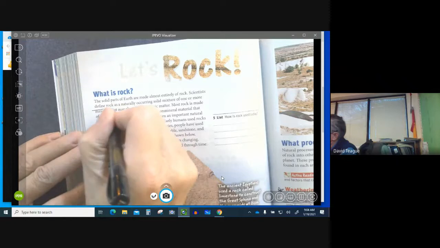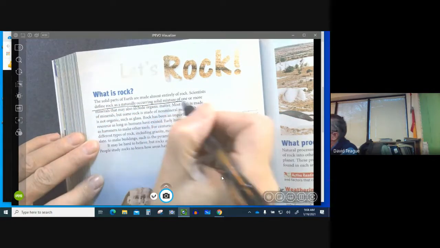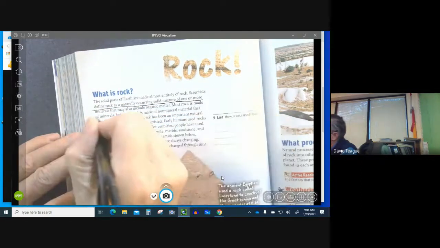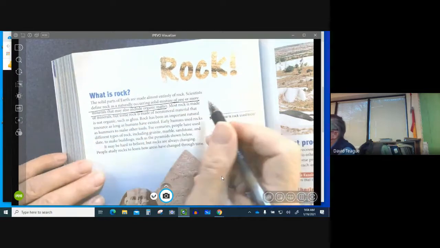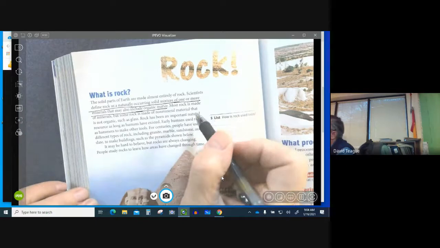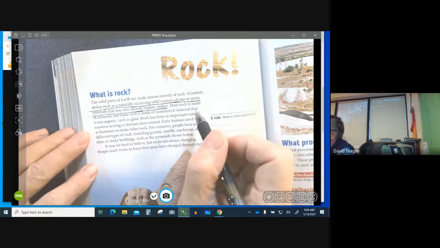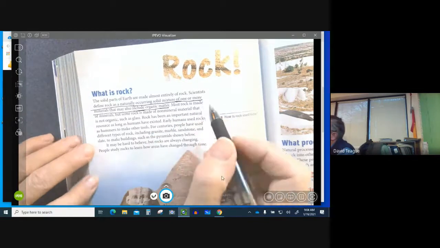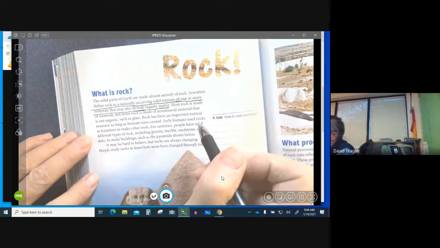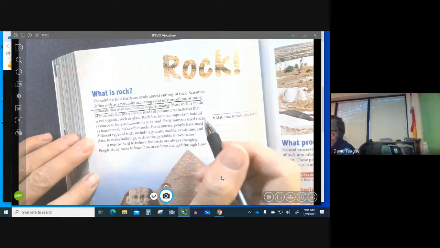Rock is defined as a naturally occurring solid mixture of one or more minerals that may also include organic matter. Most rock is made of minerals, but some rock is made up of non-mineral material that is not organic, such as glass. Rock has been an important natural resource as long as humans have existed.